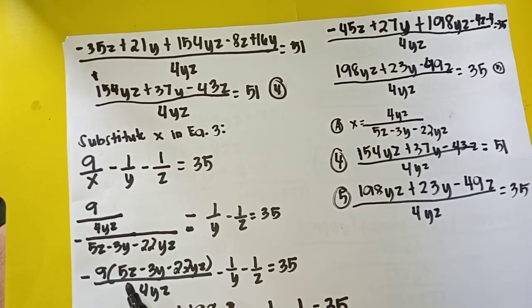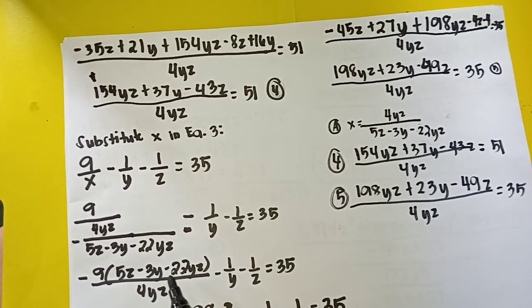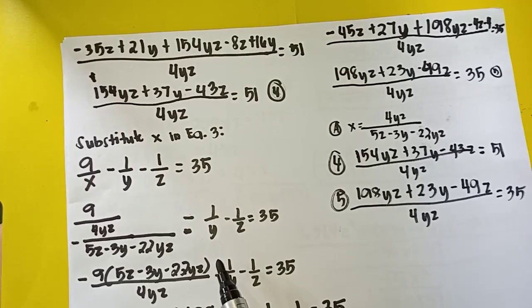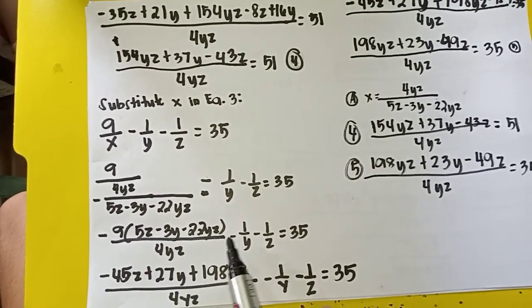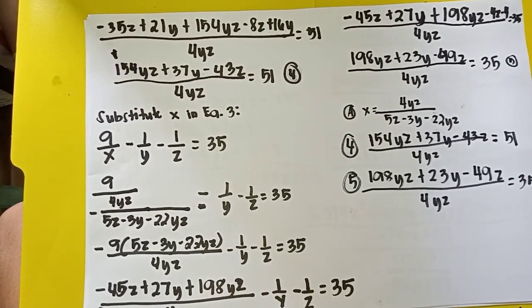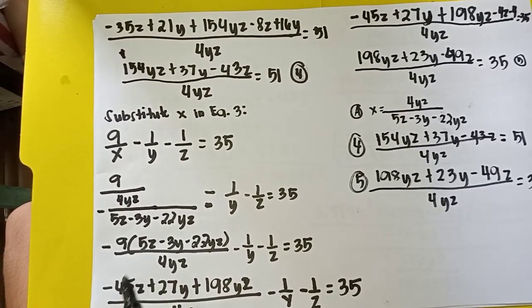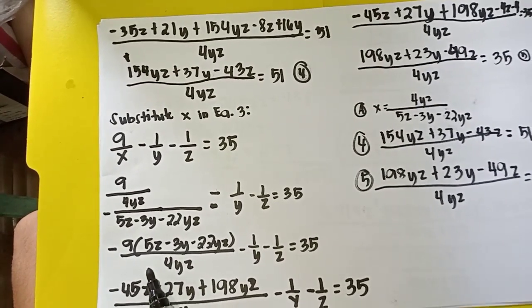Negative 9 times 5z minus 3y minus 22yz over 4yz, minus 1/y minus 1/z equals 35. So negative 9 times 5z is negative 45z.